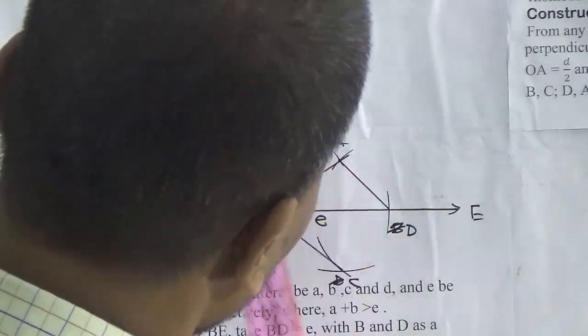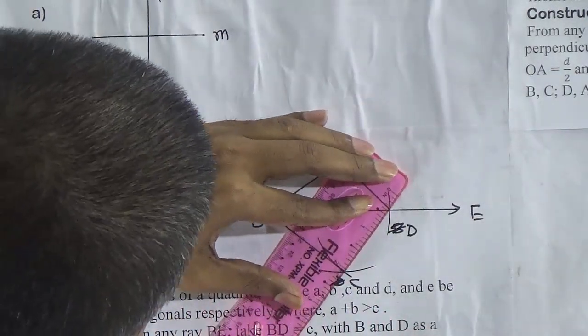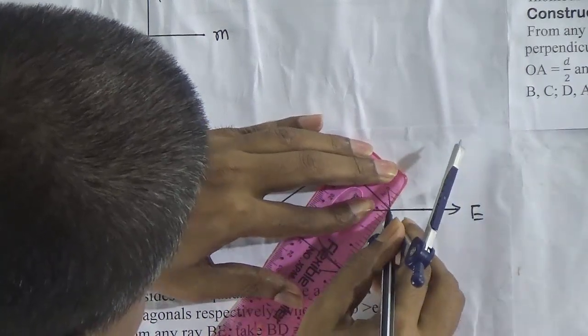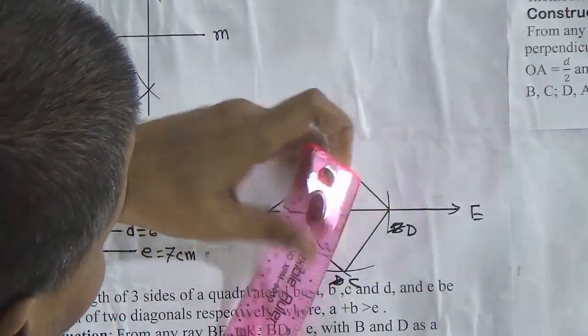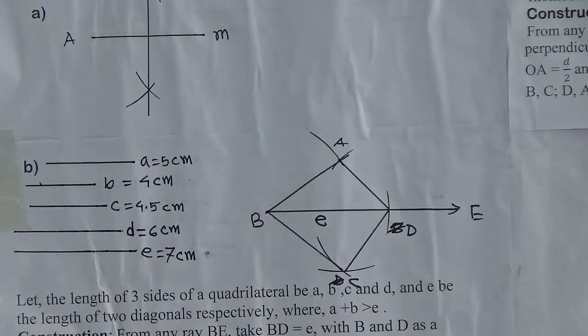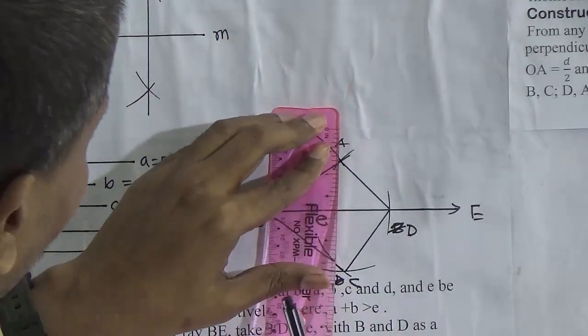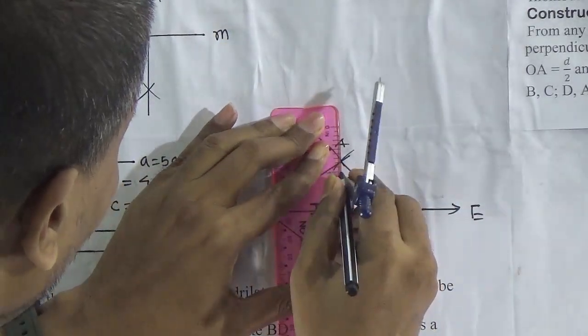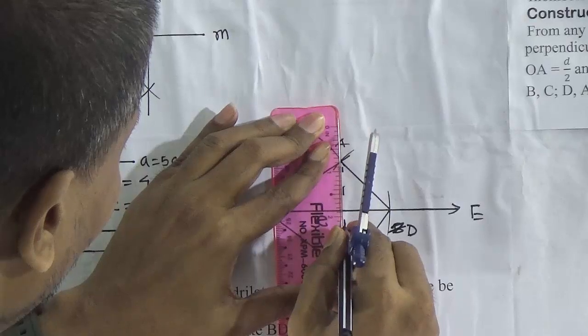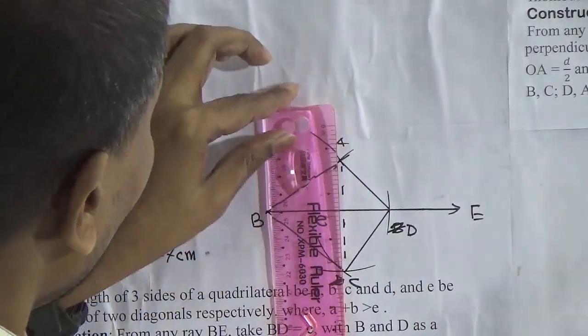Then join CD. Then ABCD is the required quadrilateral. Hope you understood. You may give another diagonal like this way. This is not mandatory, but as you wish.